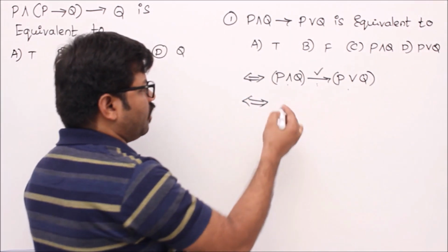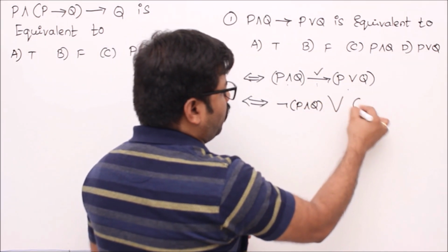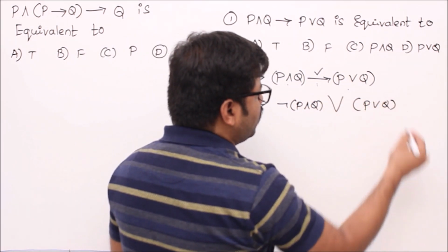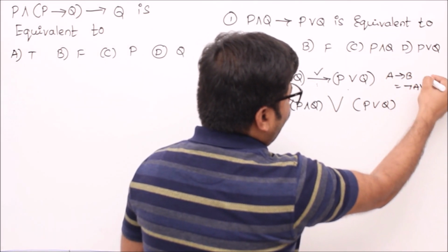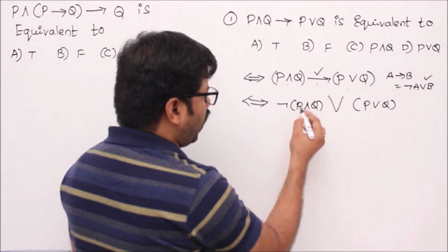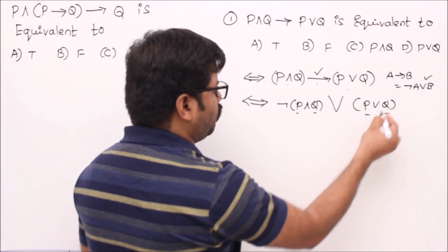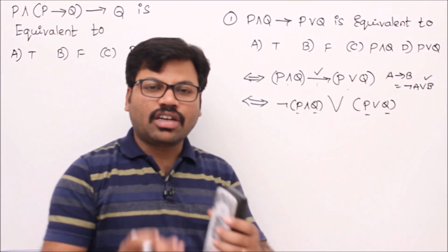whenever I remove implication, it will become negation of (P and Q) or P or Q, isn't it? So please note down, A implies B is nothing but negation A or B. This is the formula I'm using. Now second step: you have P's and Q's, but these P's and Q's are locked using negation. Try to release it.